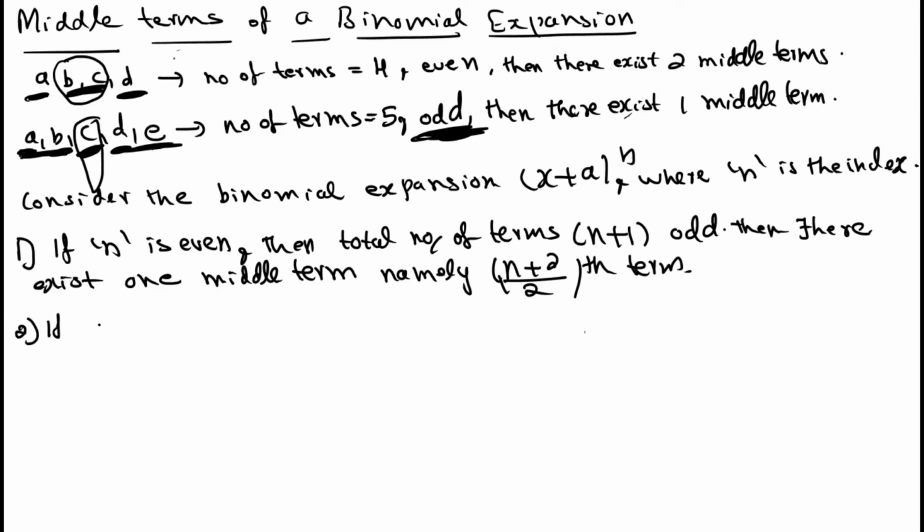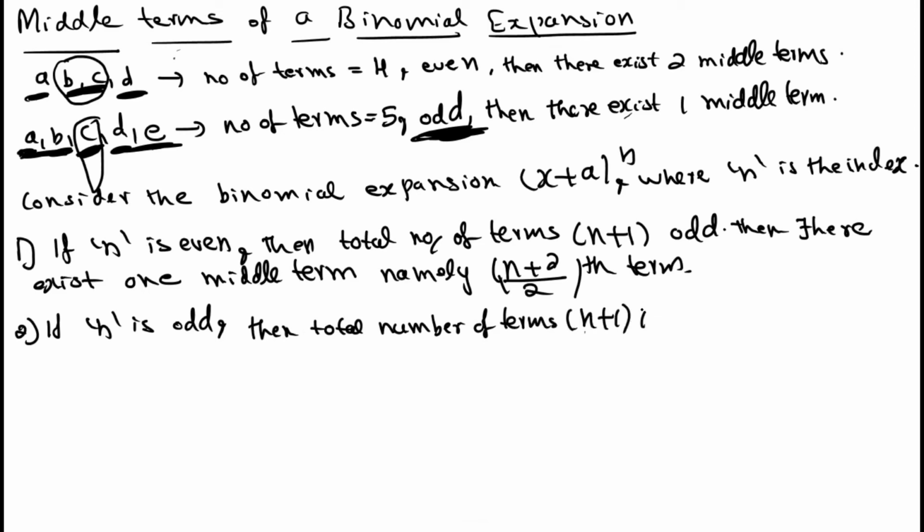If n is odd, that means the index is odd, then the total number of terms n plus 1 is even. Check, see, n is equal to 3. What's the total number of terms by the formula n plus 1? That is 3 plus 1. What is that? 4, an even number.